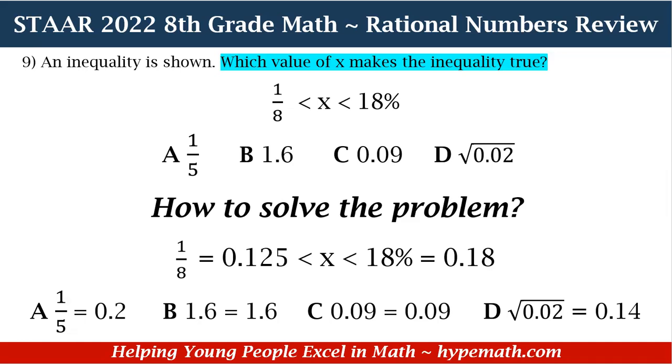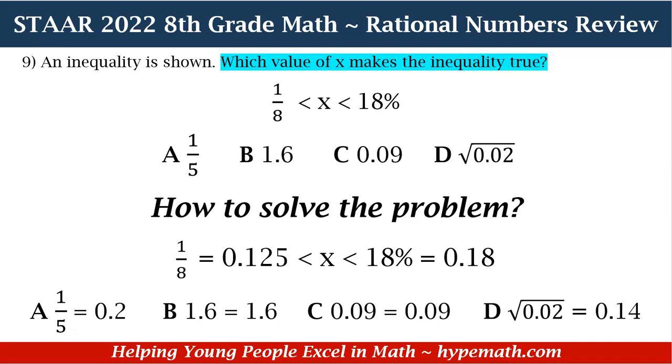Again, because our inequality says that 1/8, which we know is 0.125, is less than x, which means x is greater than 0.125. Also, x is less than 18% or 0.18. All right, so now let's walk through our answer choices.